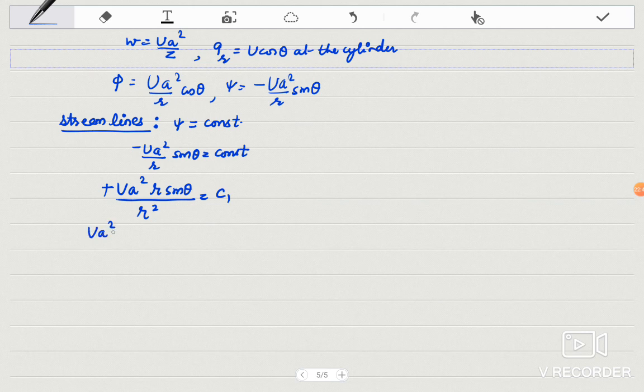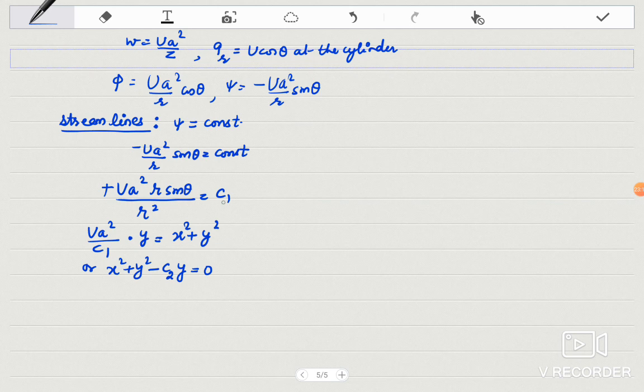So u a square upon C1, take this C1 in the denominator. r sin theta means y, and take this r square here, it is x square plus y square, or x square plus y square minus, take it to be C2, y is equal to 0.